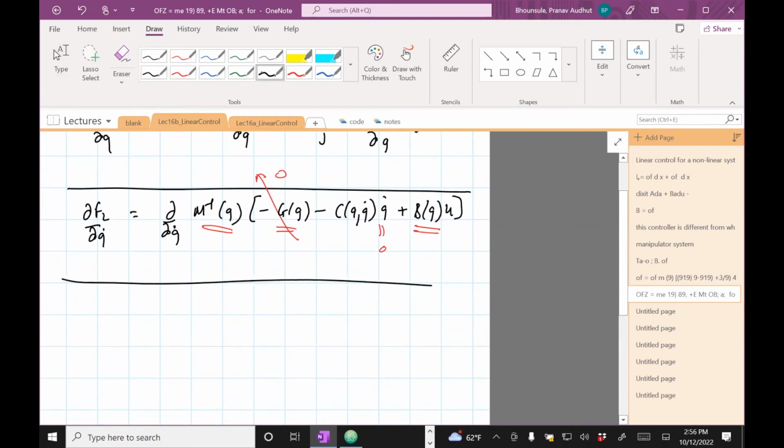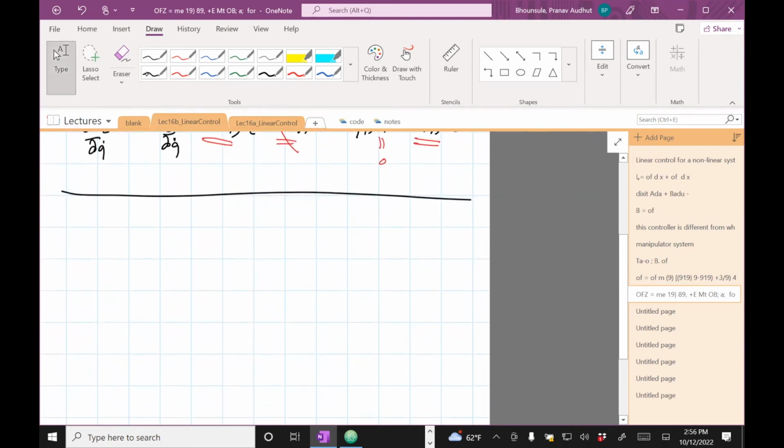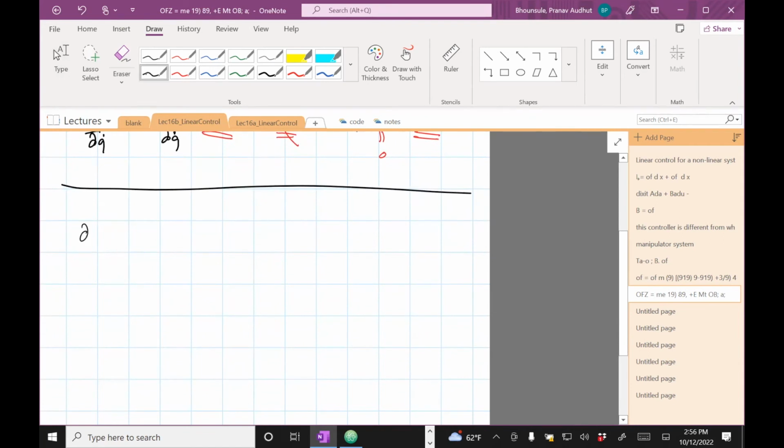Okay, so to summarize, our A matrix is a lot more complicated than what we started with.